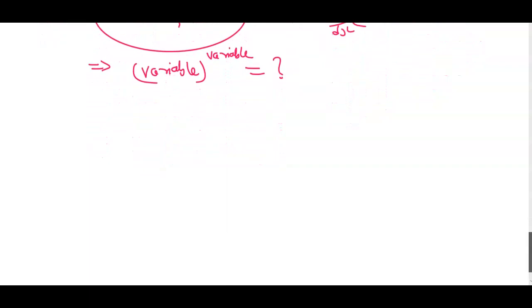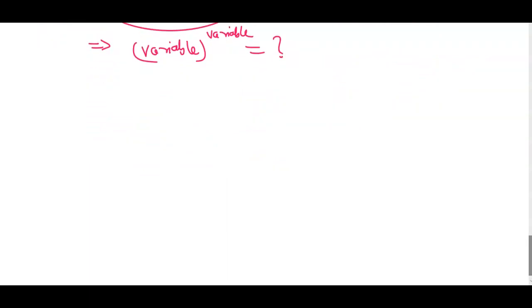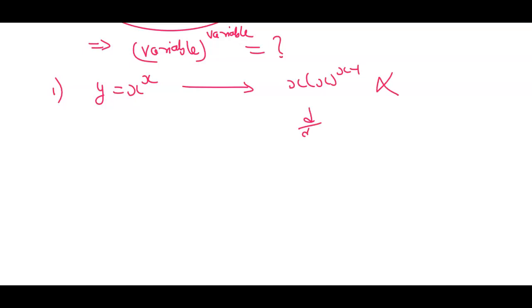Now, during the initial phases, when I give a student this question, like if y is equal to x to the power x, most of you write, forgetting that in the derivative of x to the power n, n is a constant and x is variable, and that formula is this much.